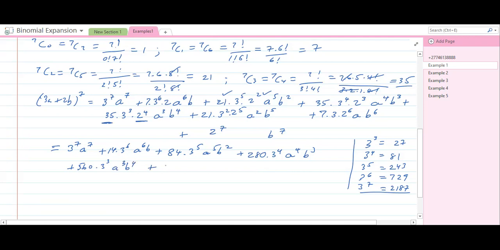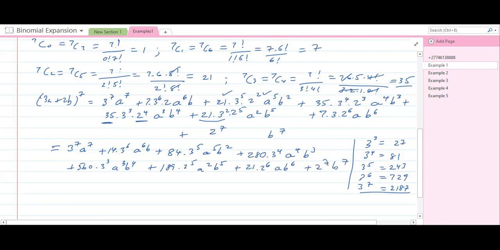what we have here is 20. Let me just do 21 times 9. So 21 times 9, we can say 210 minus 21, we will get 189 times 2 to the power 5 a squared b to the power 5 plus 21, 7 times 3 is 21, 2 to the power 6 a b to the power 6 plus 2 to the power 7 b to the power 7.